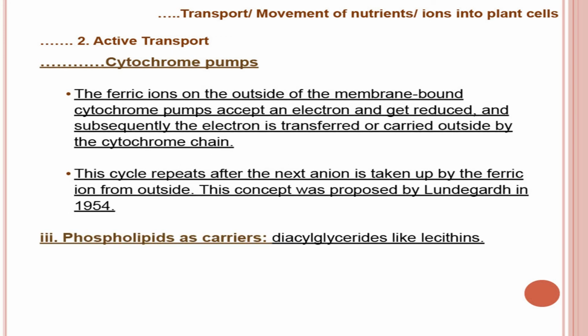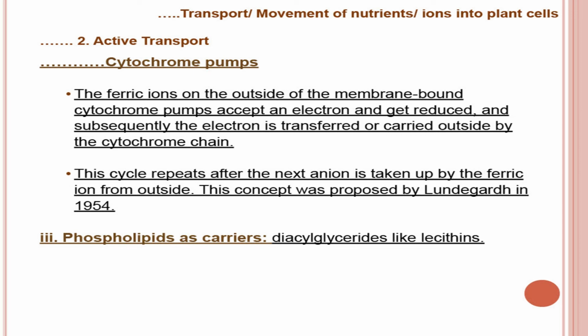Now, we continue with the cytochrome pumps which are part of active transport. The ferric ions on the outside of the membrane bound cytochrome pumps accept an electron and get reduced, and subsequently the electron is transferred or carried outside by the cytochrome chain.